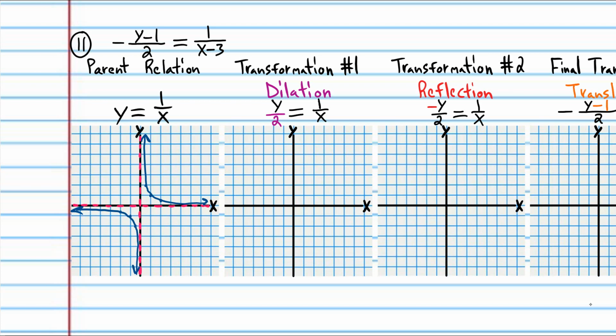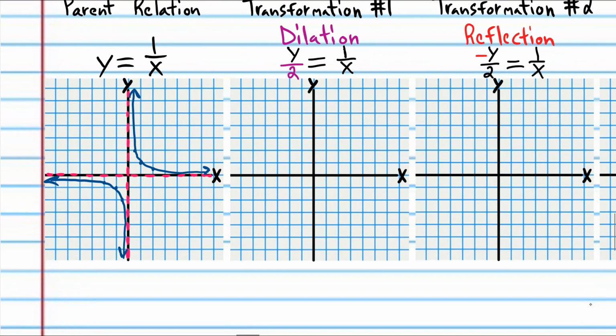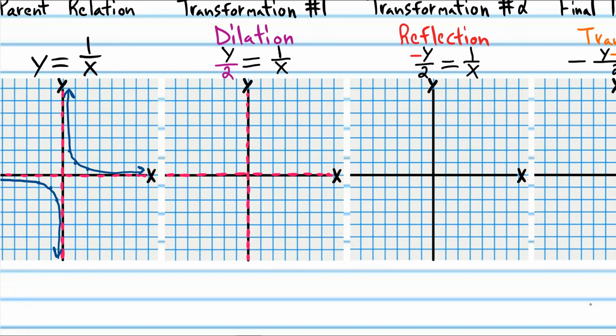Now, because the asymptotes are on the axes, dilation is not going to affect their location. You can consider this horizontal asymptote to have an equation of y is equal to 0. You multiply y by 2, or multiply 0 by 2, it's not going to change that location.